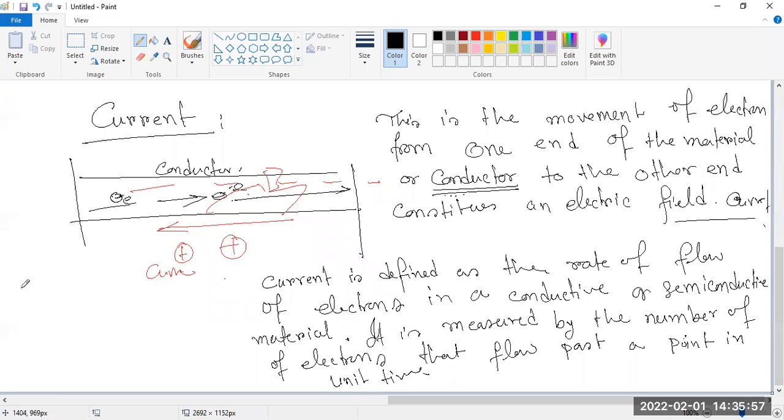Okay. So I is defined as Q by T, or I is dq/dt.